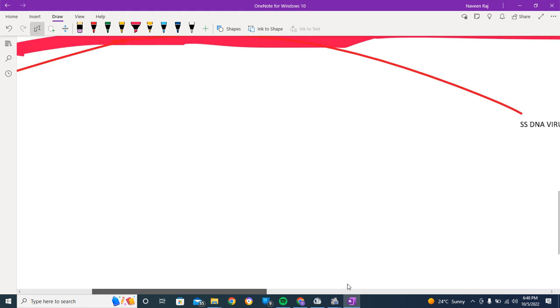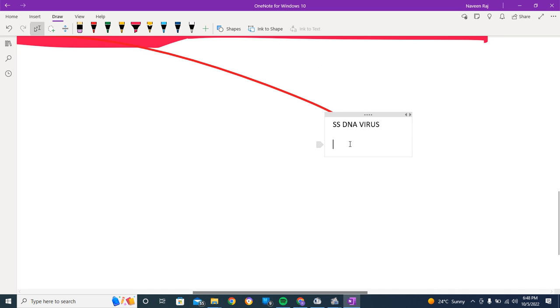Now from this side, this is single-stranded DNA as a genomic material. As I said, the first priority of a virus is to synthesize mRNA, but the single-stranded DNA virus is unable to do that because there is a sequence difference. One is single-stranded and the other is double-stranded, so they are not matching.